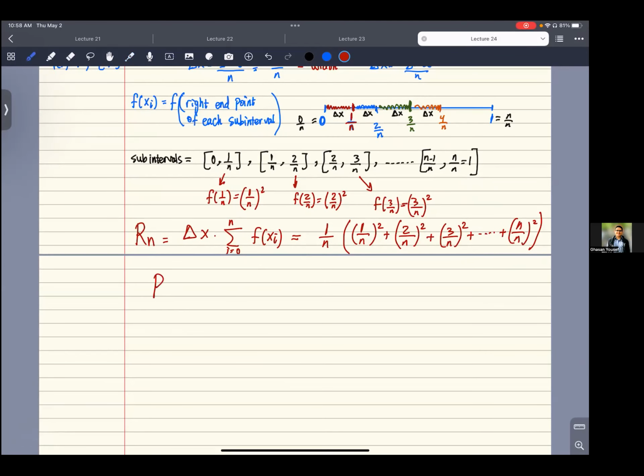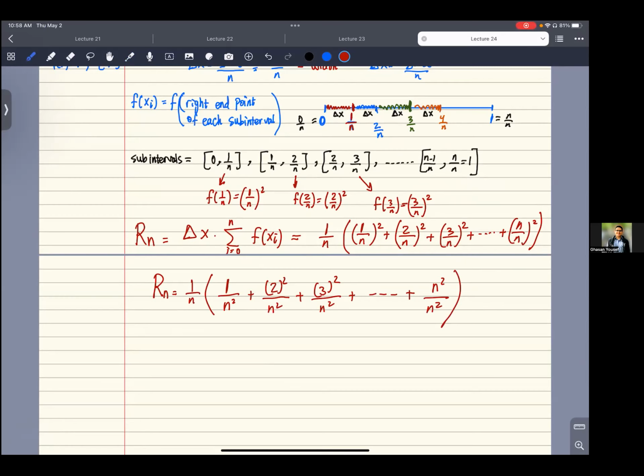Here is r of n equal 1 over n. 1 square is 1 over n square plus 2 square over n square plus 3 square over n square plus dot dot dot n square over n square.